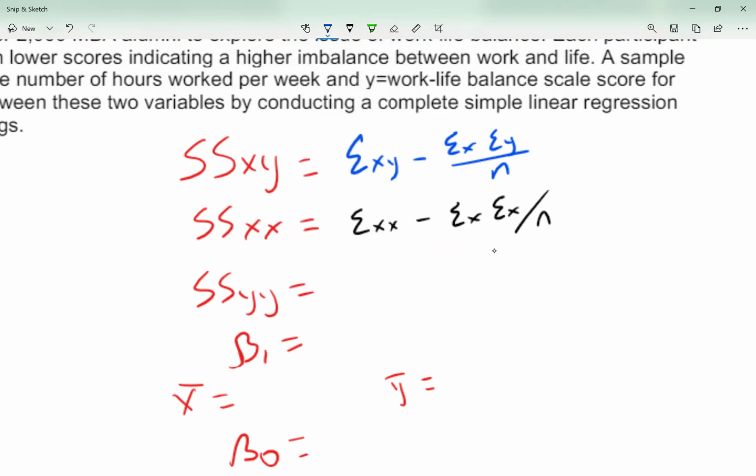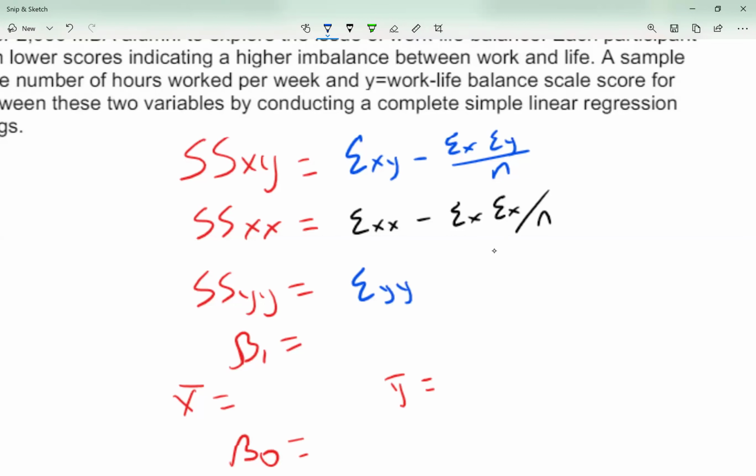The sum of the squares of y is sigma y squared minus sigma y times sigma y, divided by n. My beta 1 is going to be the sum of the squares of x, y divided by the sum of the squares of x, x.